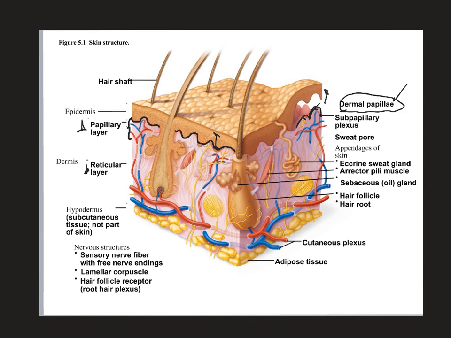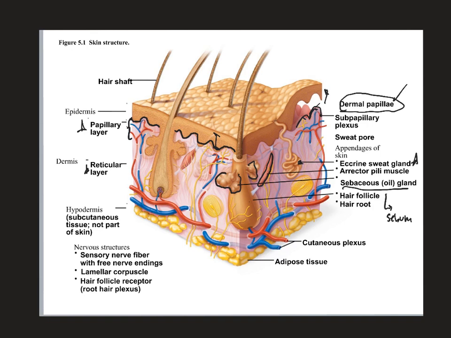Other things that you see in the dermis: we have sweat glands, so we have an eccrine sweat gland right here. We have an erector pili muscle; erector pili muscles are associated with each hair follicle. They contract and stand the hair up, which gives you your goosebumps. You have sebaceous glands, one associated with each follicle. Those are oil glands. They produce something called sebum, which lubricates and protects the skin.